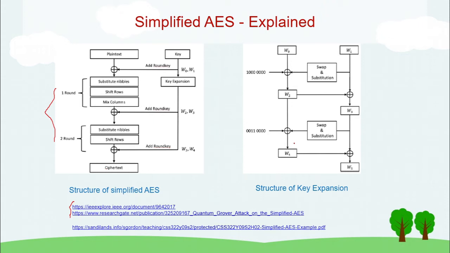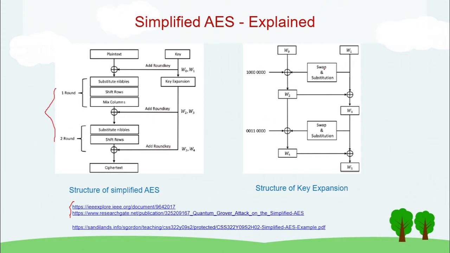The key expansion process is also similar. We break the given key into 2 words, W0 and W1. Then we also have round constants like in AES, 2 round constants because of 2 rounds.